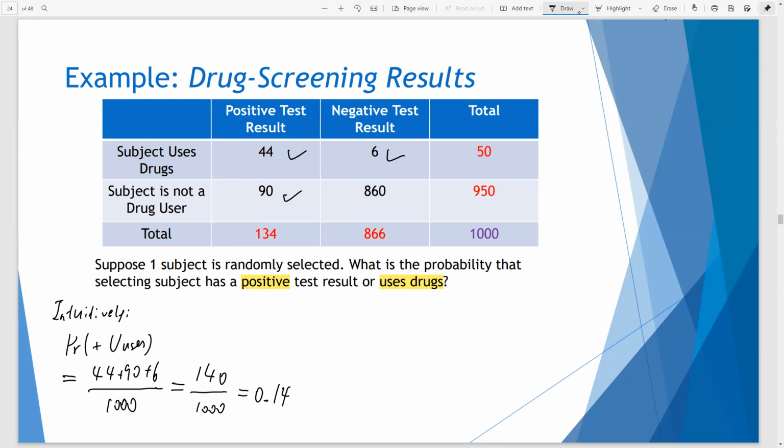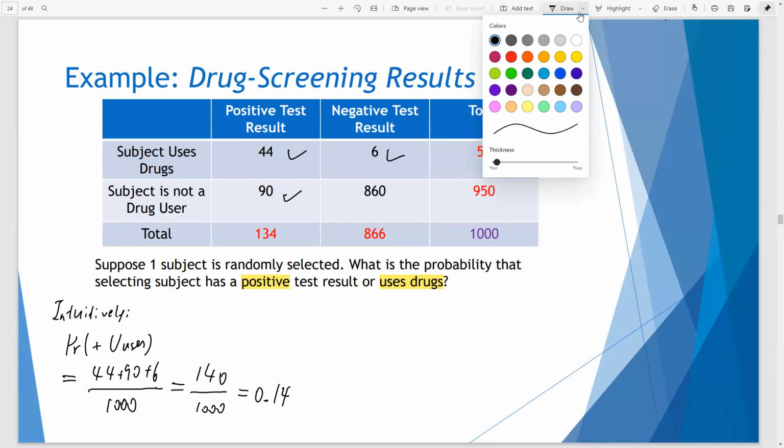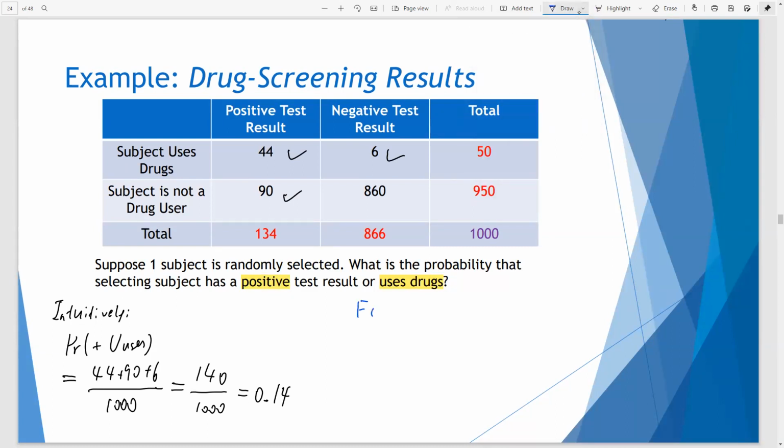That's intuitively. If we use the formula, the probability of positive or uses drugs is the probability of a positive result plus the probability of uses drugs minus those who are positive and use drugs. For positive, I do not care about the middle, just how many have a positive test result. That's 134.